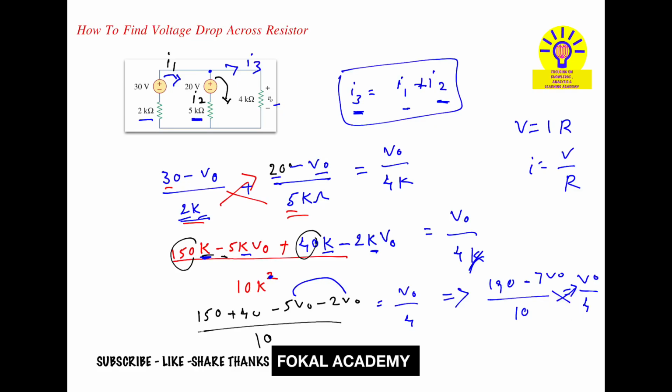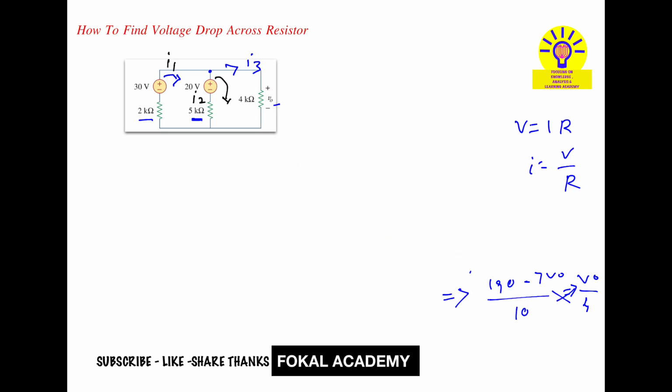Instead of cross multiply, first of all divide these two terms, then we can simplify very easily. So divide 190 by 10, next minus 7 by 10. From this, it is 190 by 10 minus V0 times 7 by 10, that's equal to V0 by 4.